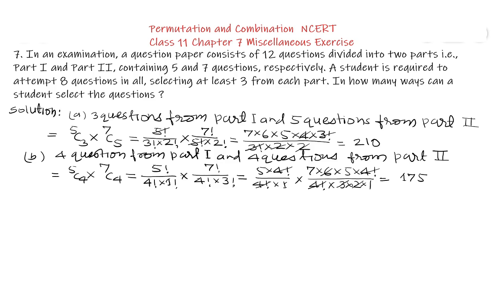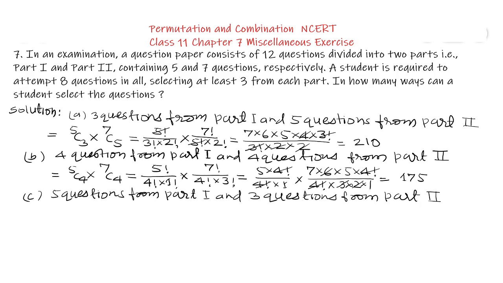Now situation C is in which 5 questions are selected from part 1 and 3 questions are selected from part 2. 5 questions from part 1 can be selected in 5C5 ways, multiplied by 3 questions from part 2 can be selected as 7C3.